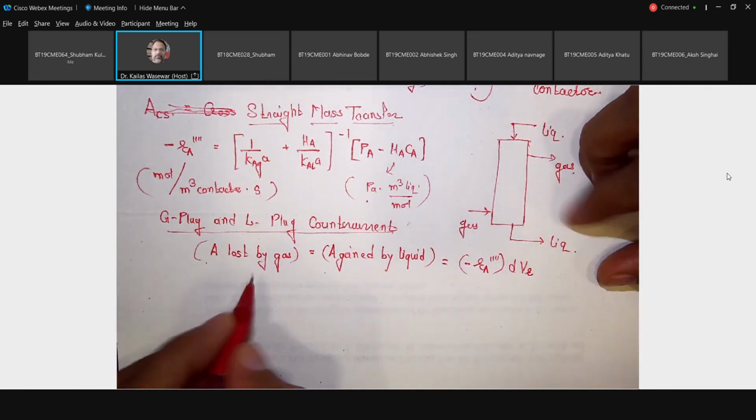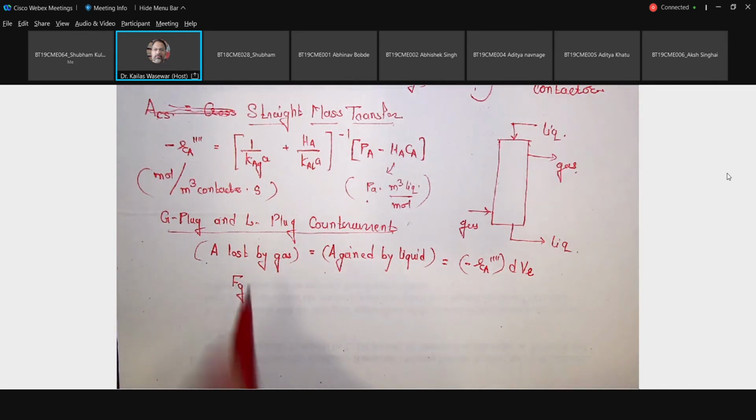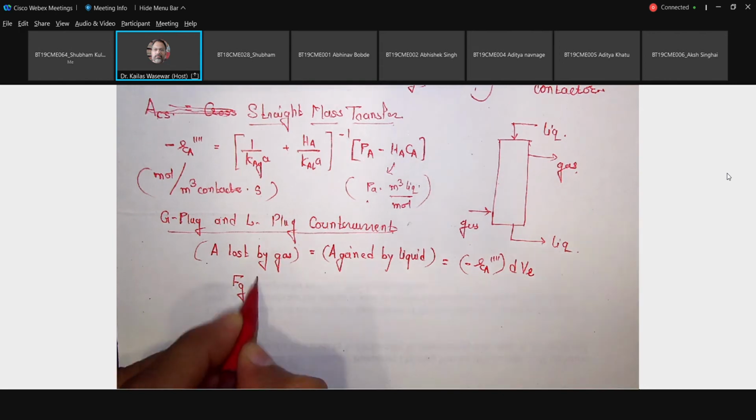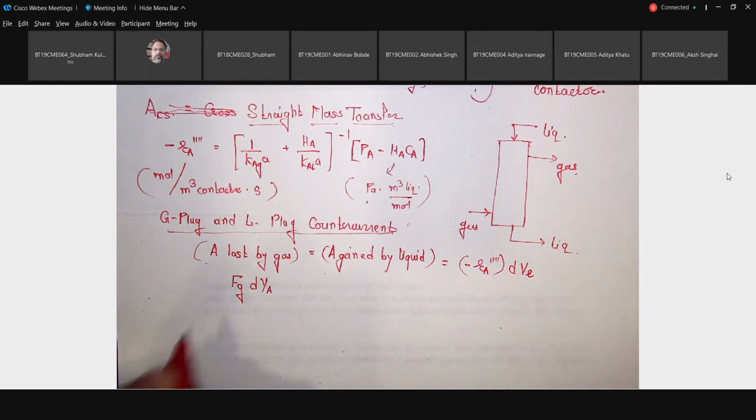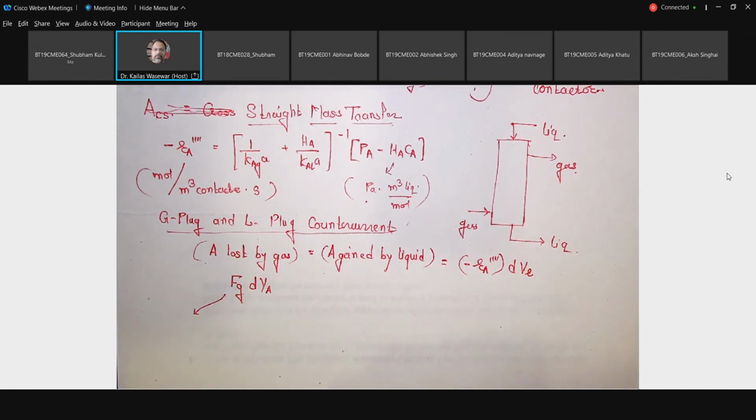So Fg, I will come to nomenclature. Okay, Fg into dy. So here now I am putting the nomenclature. Fg representing what? Remember, don't confuse yourself.